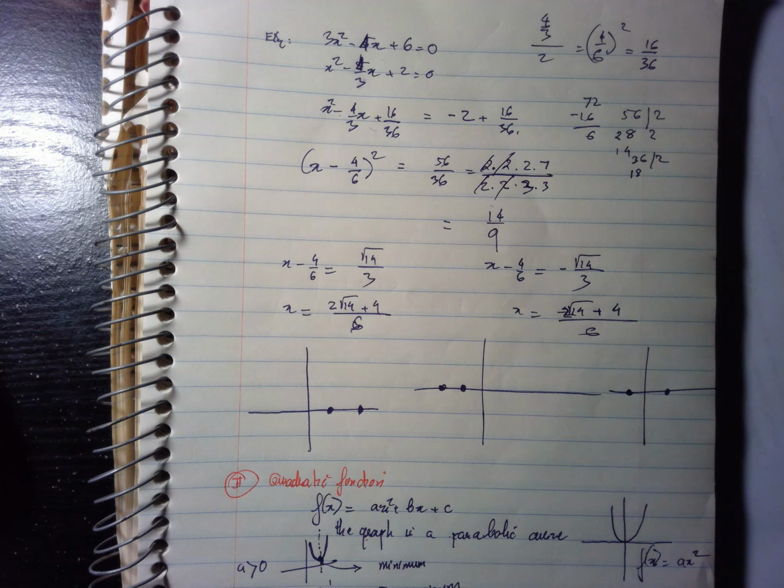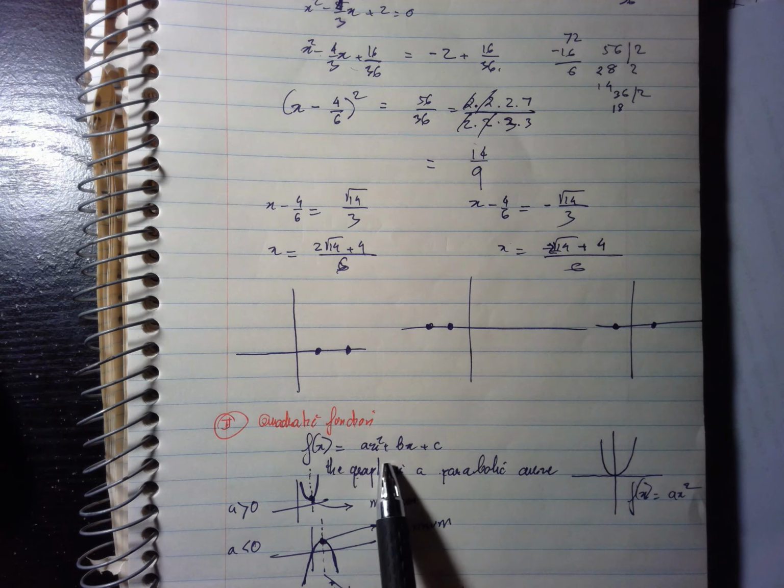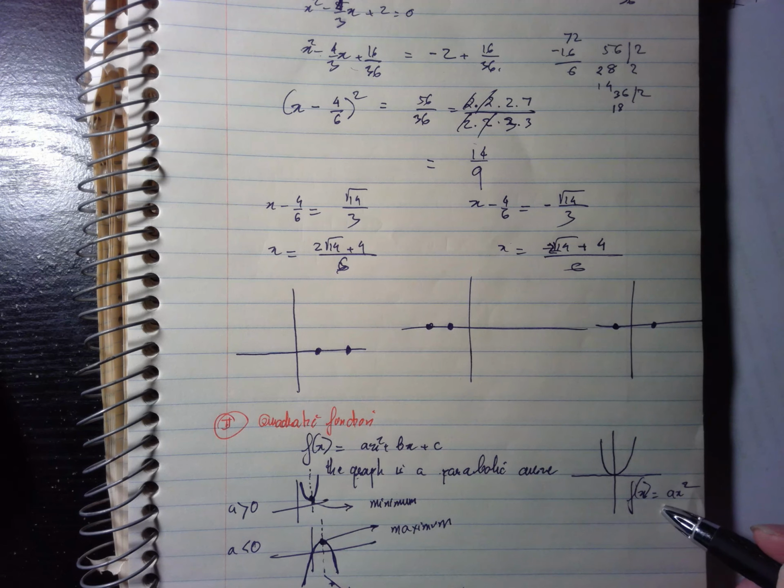So I remember in the last video we talked about quadratic equations. We learned how to solve quadratic equations using the 3 methods, and we also started the second section of chapter 4. It's about quadratic functions, and we know the standard form of a quadratic function is f(x) = ax squared plus bx plus c, and the graph of the basic quadratic function is f(x) = ax squared.